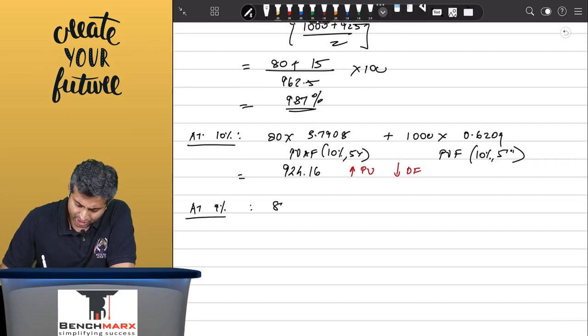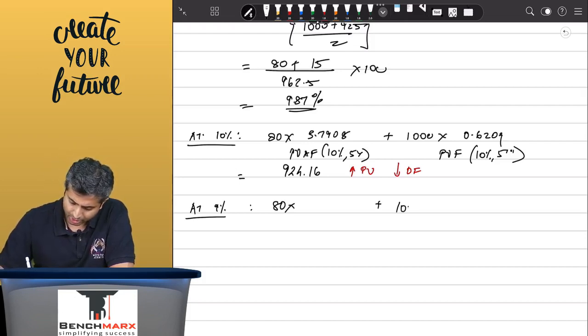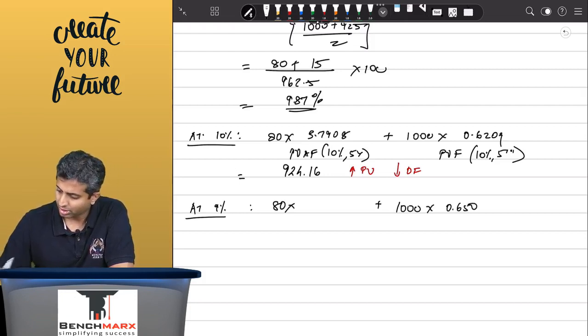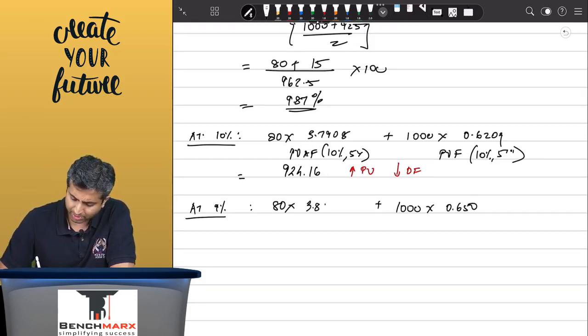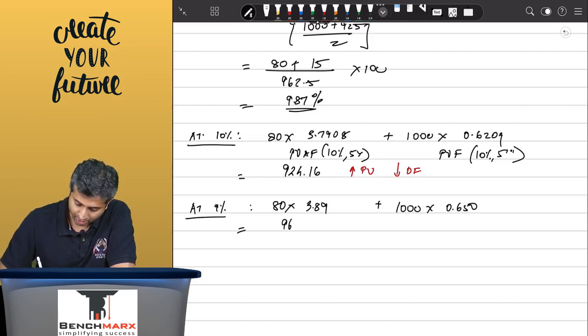At 9%, this is 80 into 1 divided by 1.09 plus 1000 into 0.650, and the annuity factor is approximately 3.88 or 3.89. So this is 80 into 3.89 plus 1000 into 0.65, and hence this is 961.2.